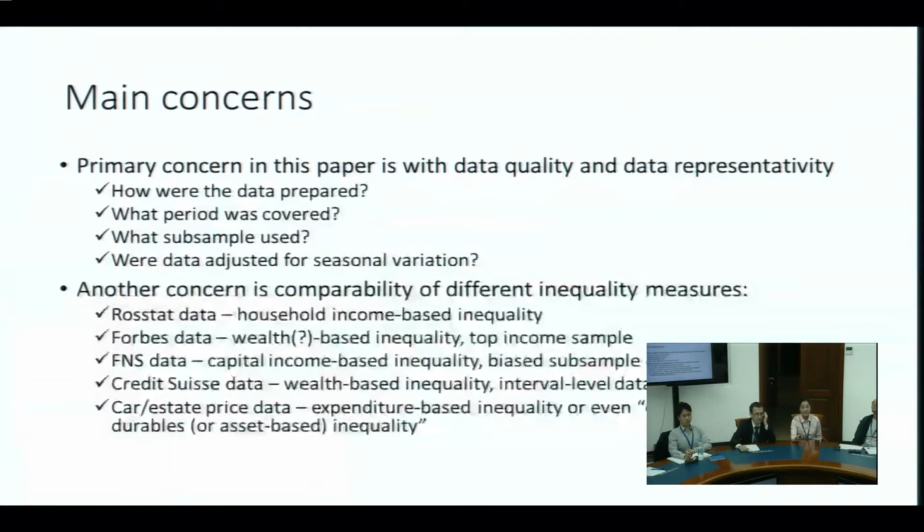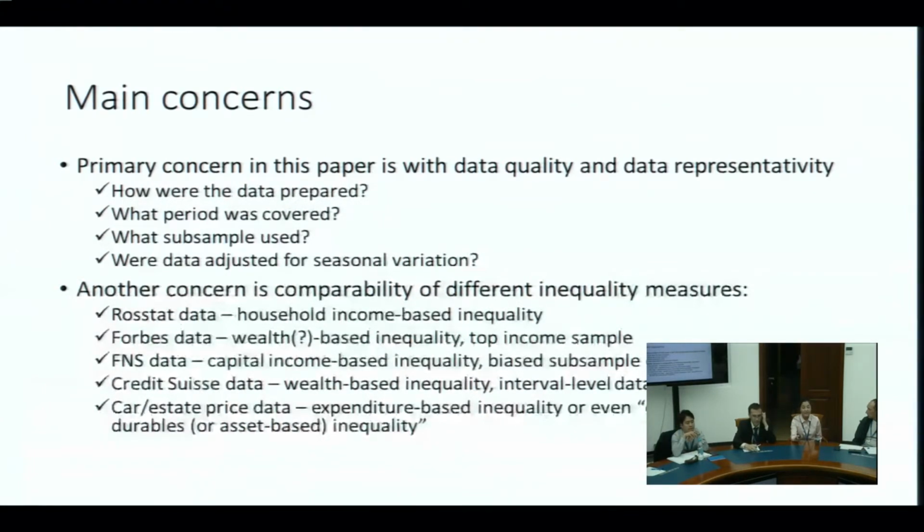So let's take a look. The table shows inequality based on Rosstat data. This is household income-based inequality. Inequality with Forbes data is wealth-based inequality. Credit Suisse data is wealth-based inequality with interval level data.